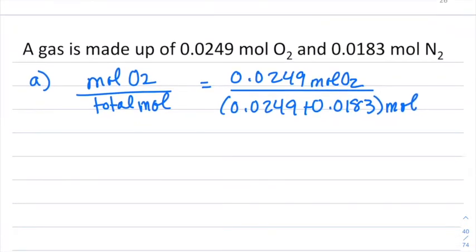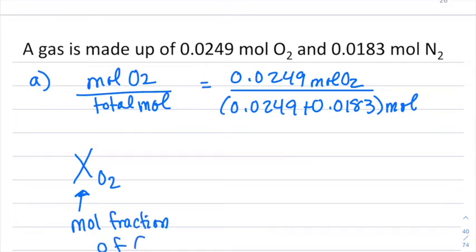So if I were to do this division, it looks like 0.0249 divided by, in parentheses, 0.0249 plus 0.0183. And I'm going to call this XO2, where X represents the mole fraction of O2.